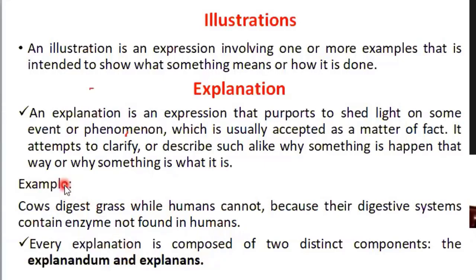It is a statement that tries to show that something is explained. Therefore, cows digest grass while humans cannot is the explanandum part of this explanation, whereas the remaining part of this example is the explanans. It's something that we are going to explain. So within an explanation, there are two most important things, that is explanandum and explanans.